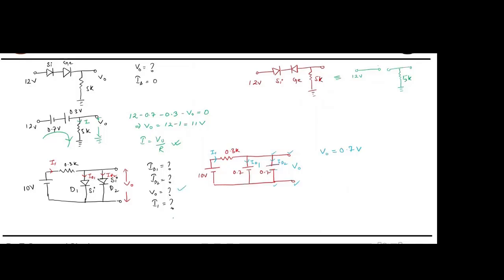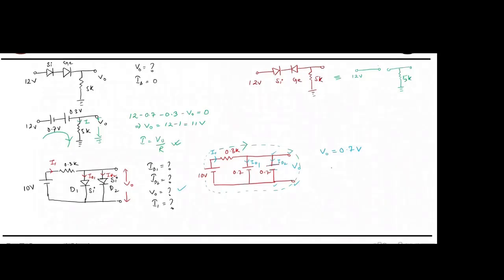Next. Can you find I1? Use this loop, the outer loop.